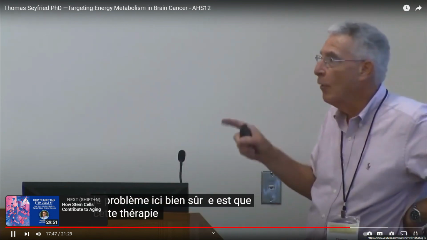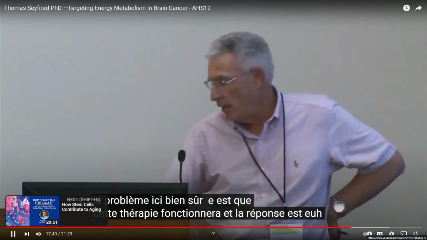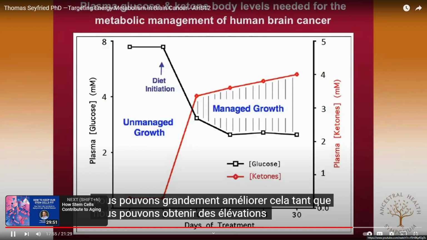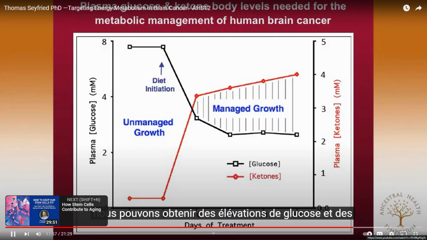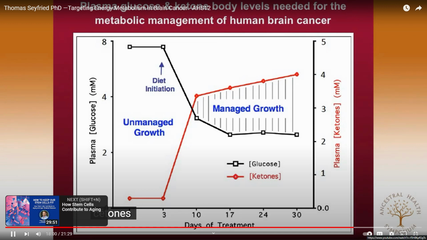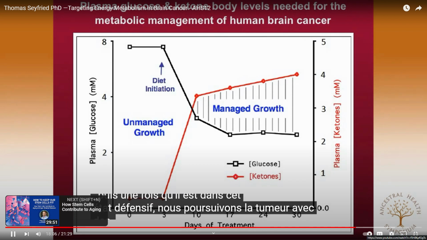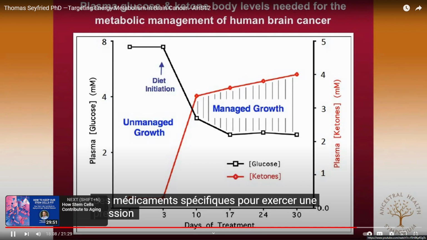The issue here, of course, is: will this therapy work? And the answer is, this proves the concept. Yes, we can greatly improve this. As long as we can get glucose reduction and ketone elevation, you can put the tumor in a defensive state, and then once it's in this defensive state, we go after the tumor with specific drugs to put additional pressure on the cells.